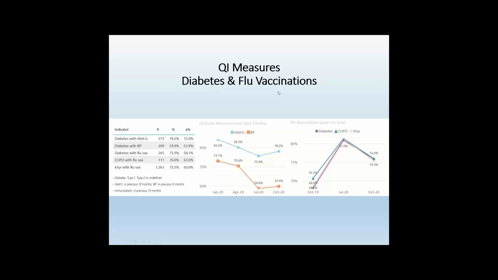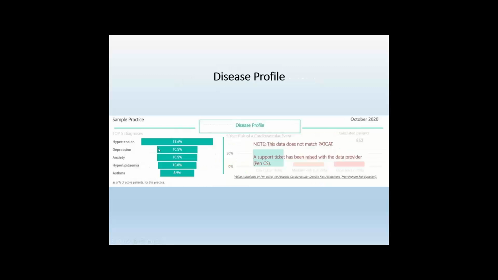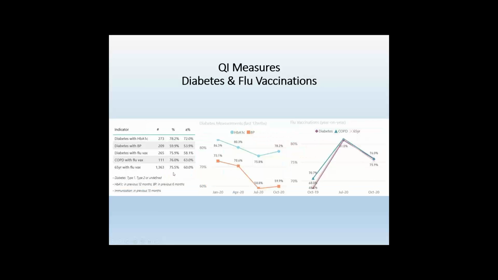These ones are all the diabetes and flu vaccination measures. So we've got diabetes with HbA1c, diabetes with blood pressure, diabetes with flu vax, and then the other two flu vaccination measures for COPD and over 65s. Again, we've got the number of patients who have that measure recorded, expressed as a percent of the relevant population and compared with the area average.